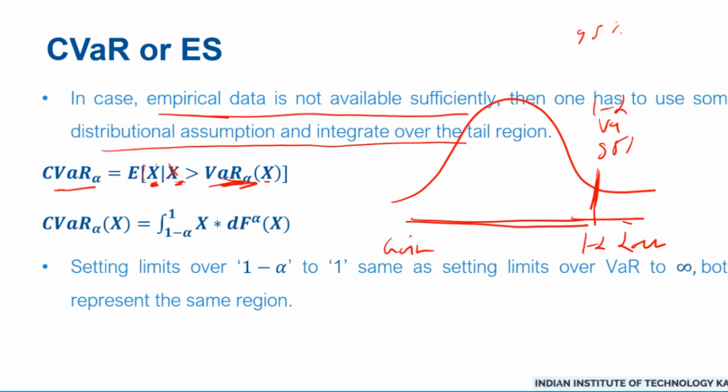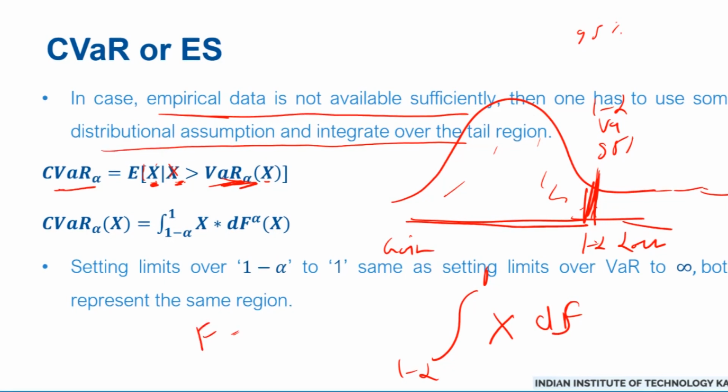So I would like to integrate the loss x times the probability density, let's call it df, from this 1 minus alpha, the cumulative probability for this cutoff point, up till 1. So 1 is the final point. So from 1 minus alpha to 1, I would like to integrate x df, where we know that f is a probability density function. In this case, it is a normal distribution. So we are integrating over the normal distribution from 1 minus alpha to 1.